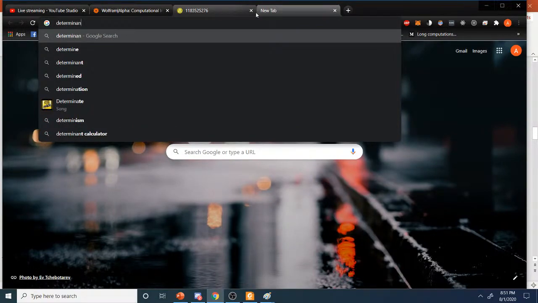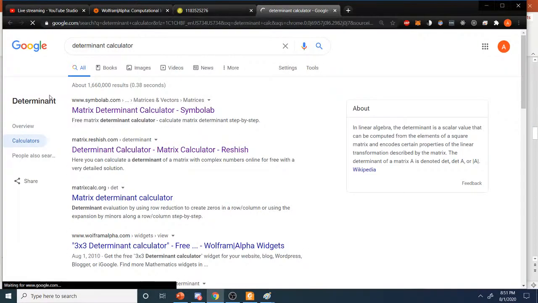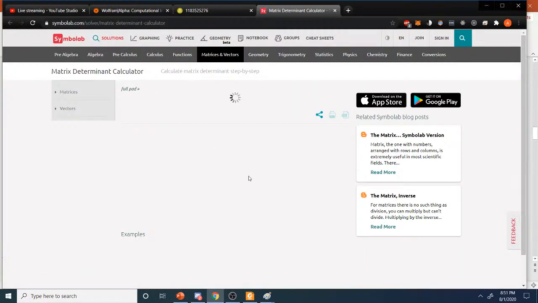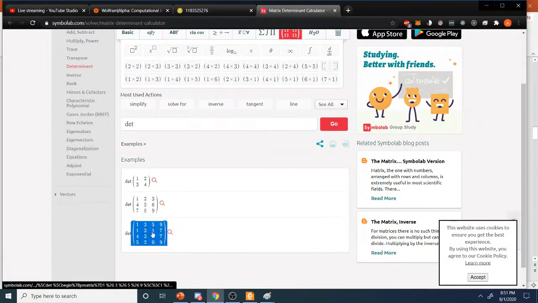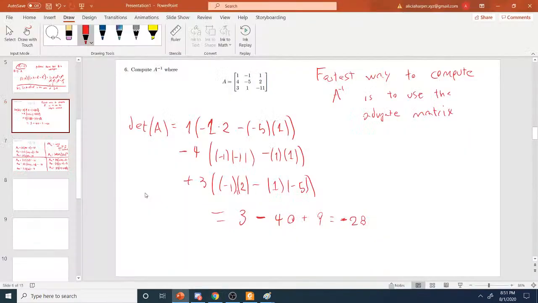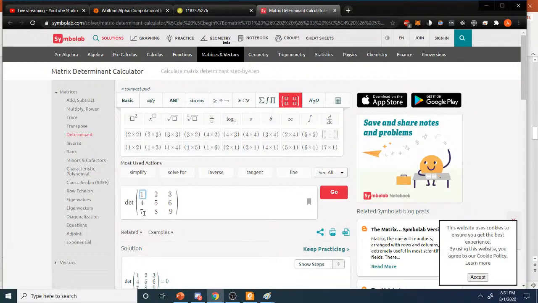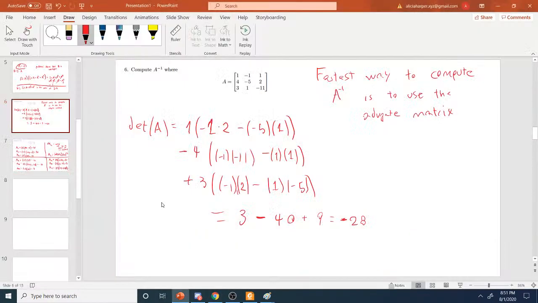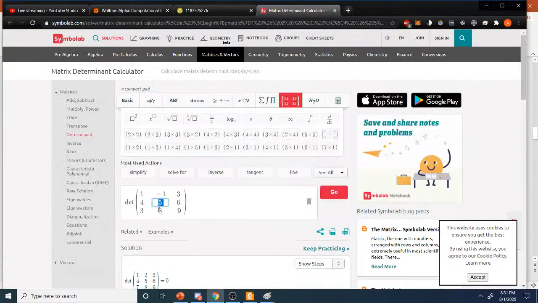So, determinant calculator. I just want to make sure I'm not being an idiot. 1, 4, 3, -1, -5, 1, and 1, 2, -11.